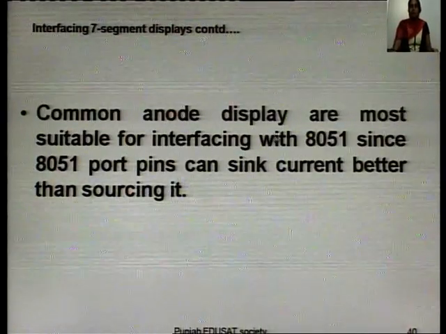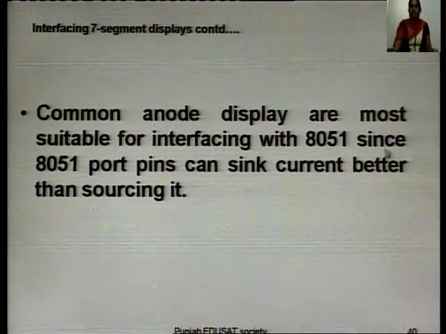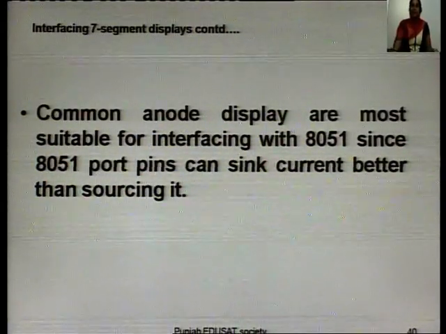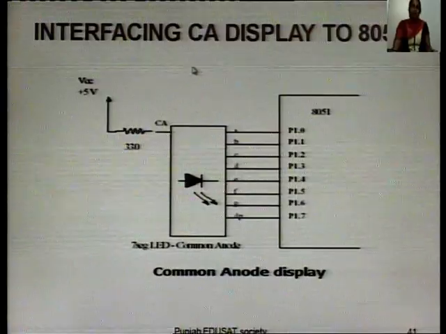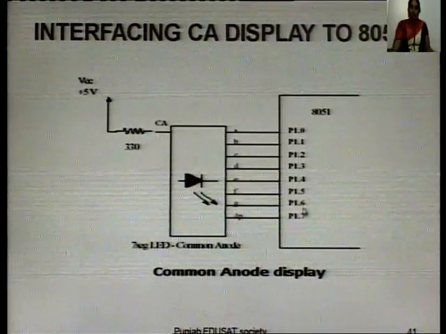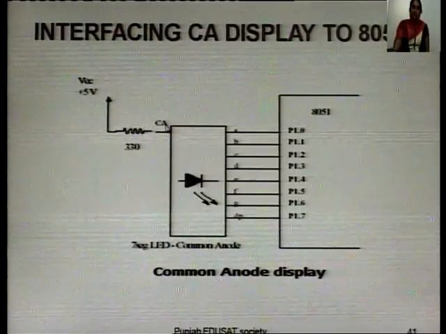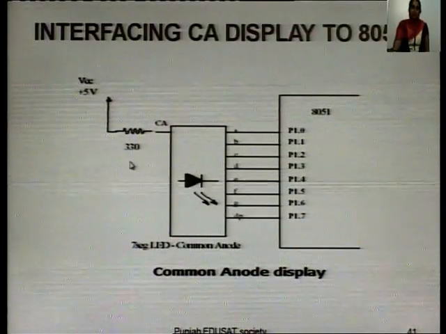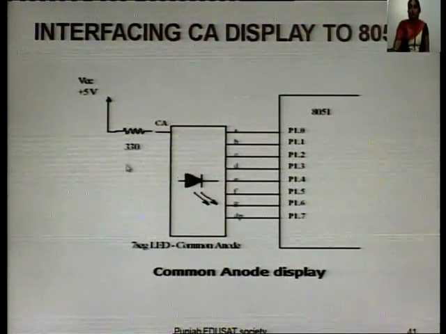Common anode displays are most suitable for interfacing with 8051 since 8051 port pins can sink current better than sourcing it. Here we have the connections for interfacing common anode display to 8051. Common anode terminal of the 7 segment display is connected to the positive 5 volt VCC, and here 330 ohm resistance is used.